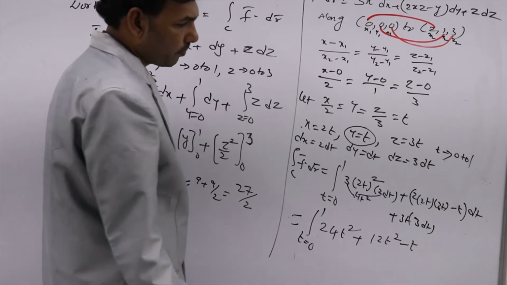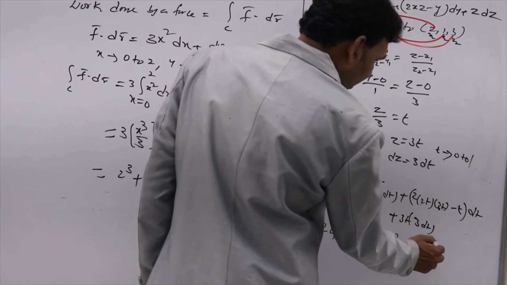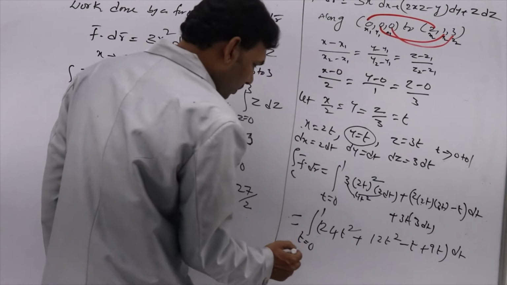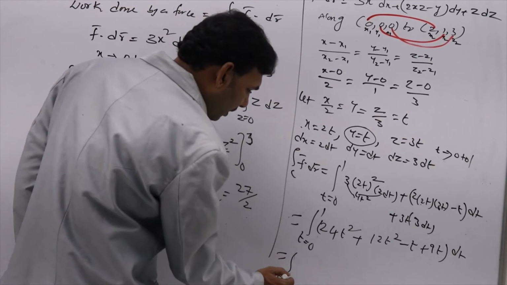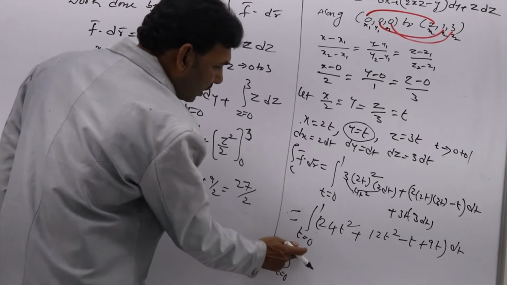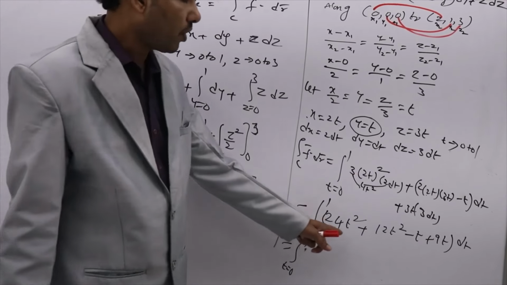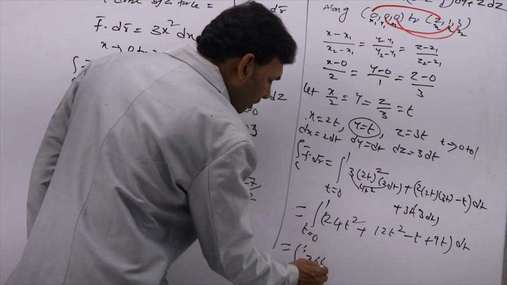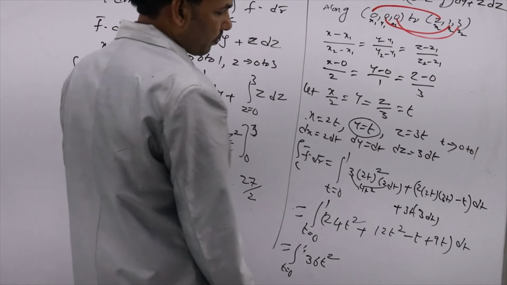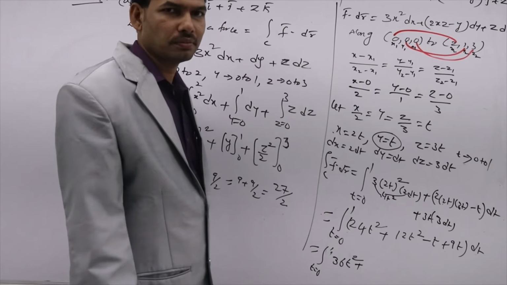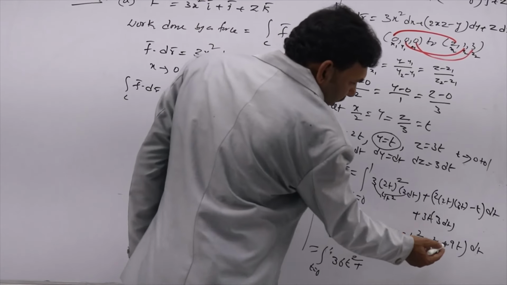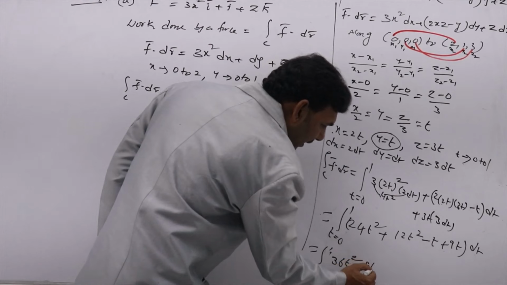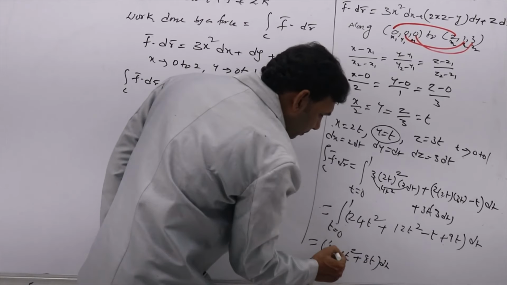The last one, 3 3s are 9t dt. So finally what you are having? T equal to 0 to 1. T square terms, if you see, 24 plus 12, 36 t square. Coming to here, 9t minus t. If you subtract 1t from 9t, 8t you will get dt.